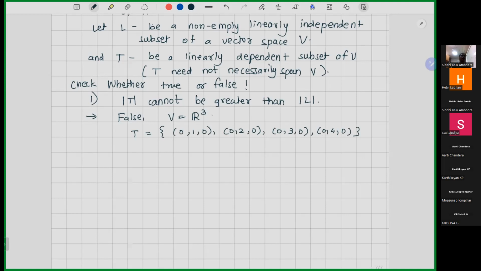We just want it to be a linearly dependent set, and as they have said that it need not necessarily span, so we don't care. And we can have this L to be a set. Can somebody guess what we can take L to be? Yes, the standard basis of R3.